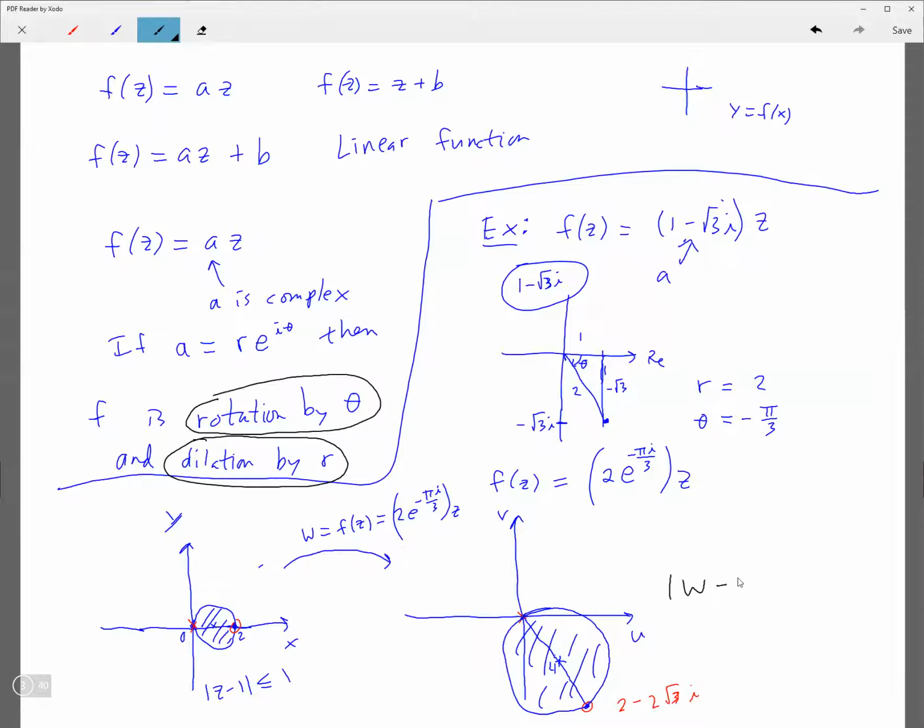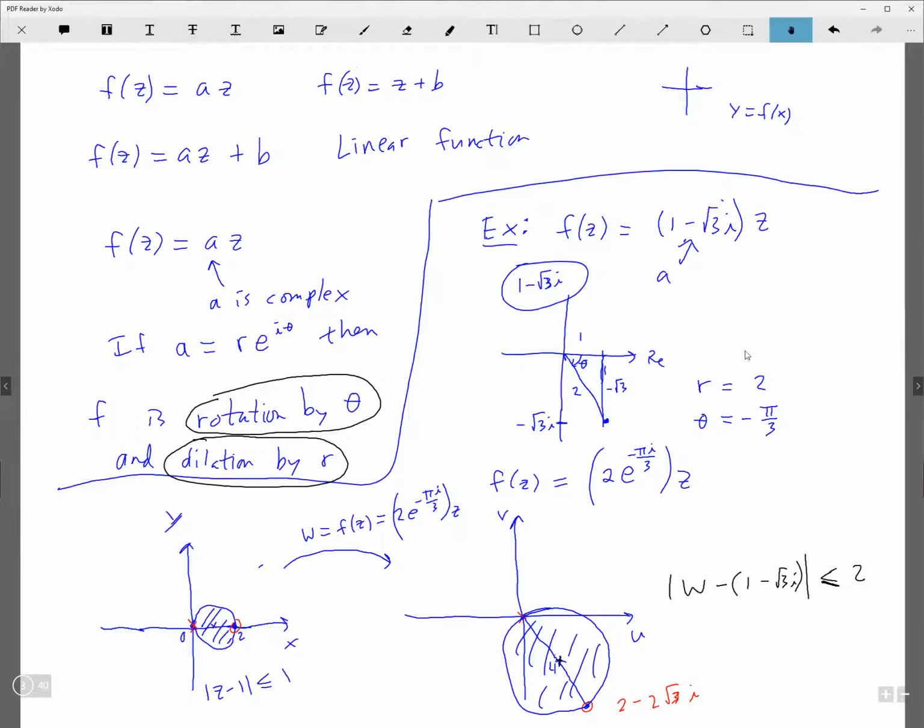So this will be |w minus 1 minus root 3i|, and then the radius is going to be 2. Less than or equal to 2. So that's the center, and then the radius is 2. So less than or equal to 2. So this maps to that. Okay. So there's that example there.